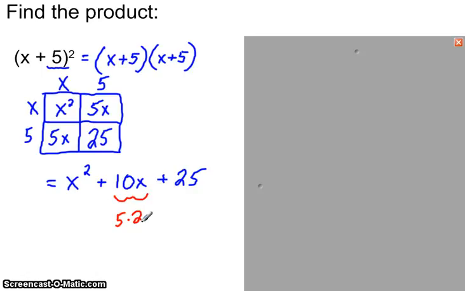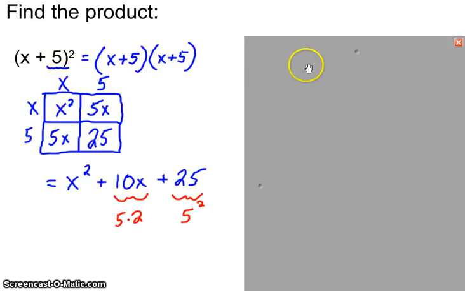So we just doubled this number to get to the 10x. And to get to the 25, you take 5 and you square it. And that's the pattern. You just double this number to get the b, and you square it to get the c. Now this worked with a positive 5, so x plus 5.